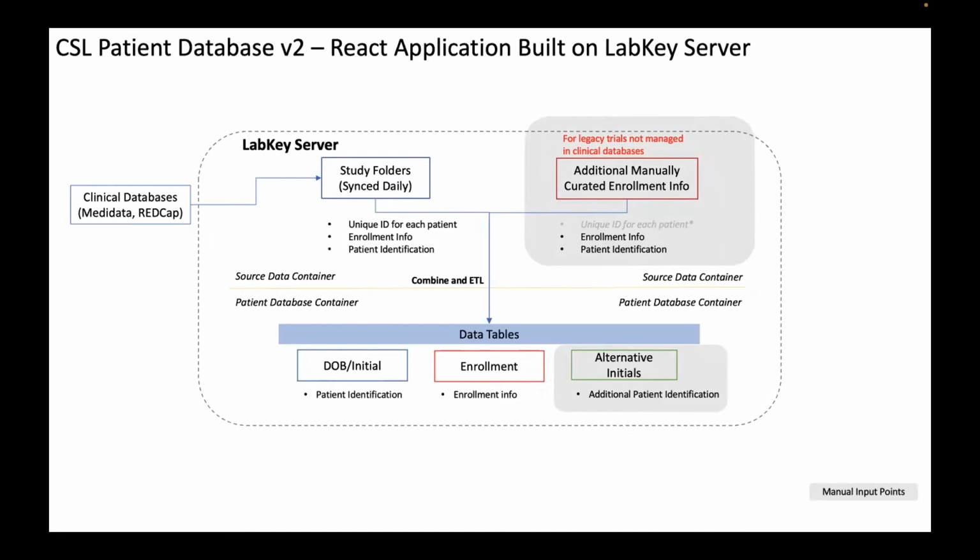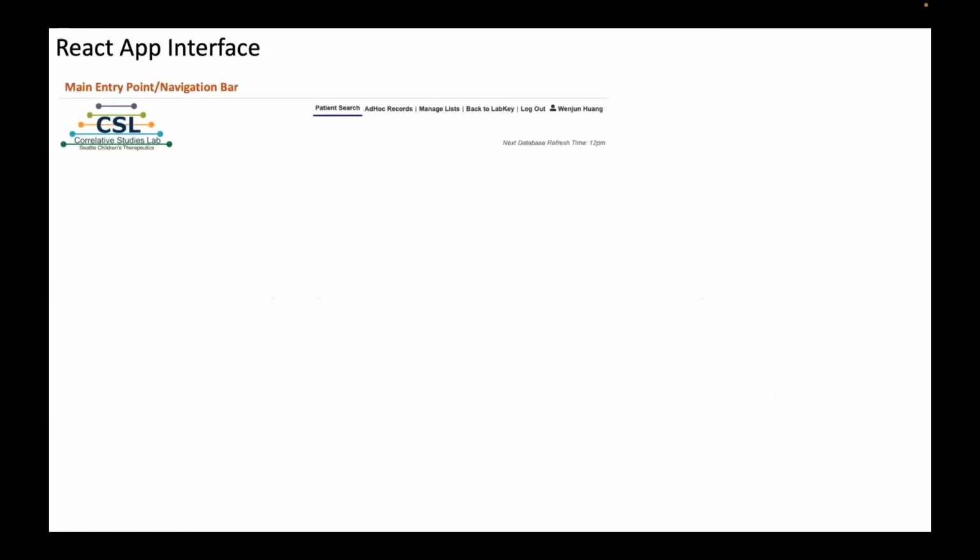So the enrollment information is separate from the main patient database app, whose main purpose is to look up patient information. So we decided to do two separate React applications and bring them under one single application umbrella.